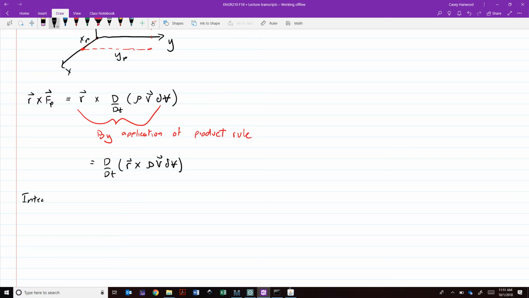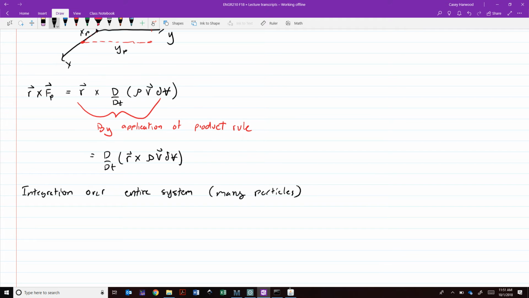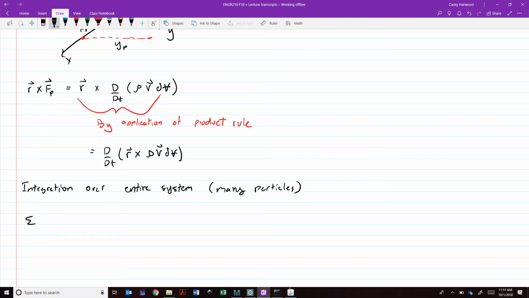So integration over an entire system, which is just made up of many particles, gives us basically the sum of all moments on the system is equal to the time rate of change of the integral over the system of r crossed v rho dV.